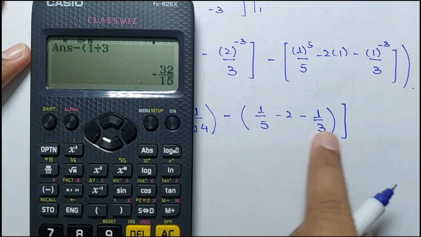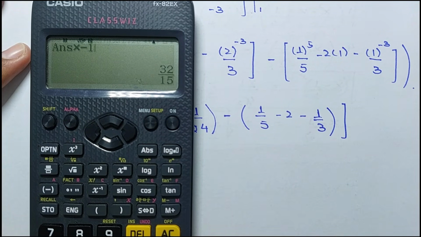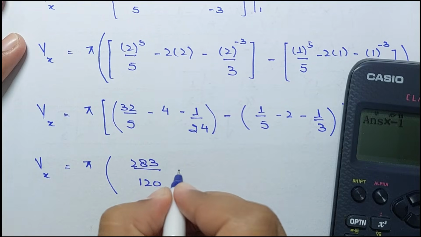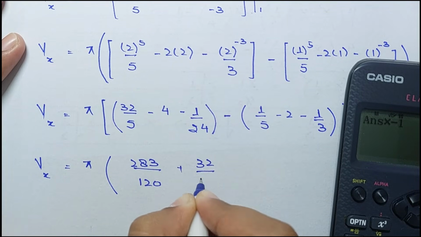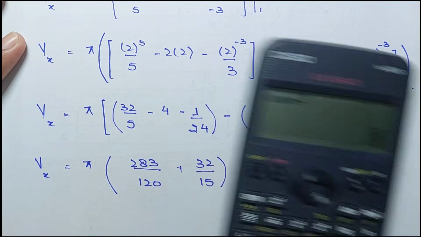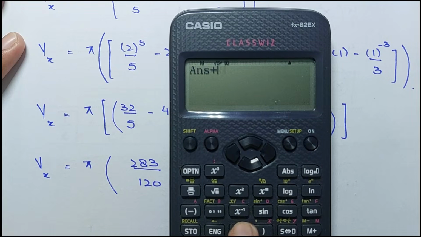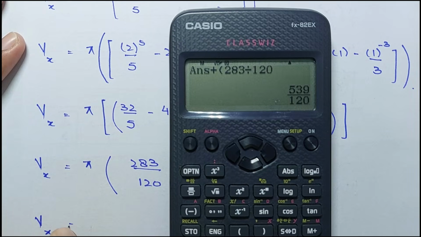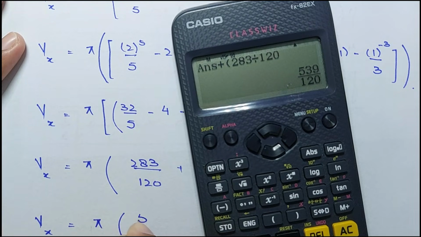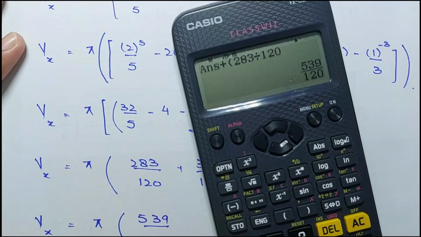Okay, this is negative, and this negative times minus 1 becomes positive 32 over 15. And add up with 283 over 120. Okay, Vx is pi into 539 divided by 120.